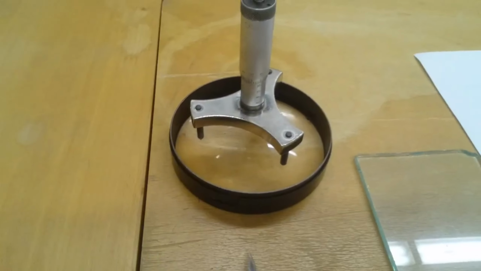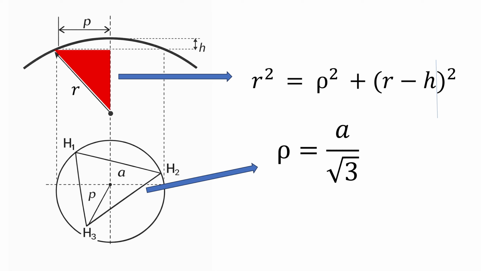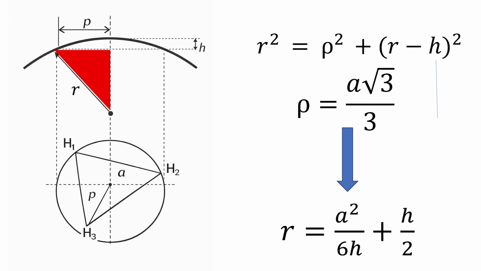These legs form the vertices of an equilateral triangle. Because of that, the distance ρ, which is the distance from the center of the triangle to one of its vertices, is equal to a divided by the square root of 3. And from these two relationships, we obtain the final formula for the radius of curvature of the convex spherical surface.